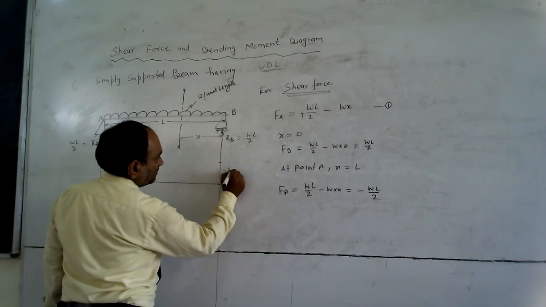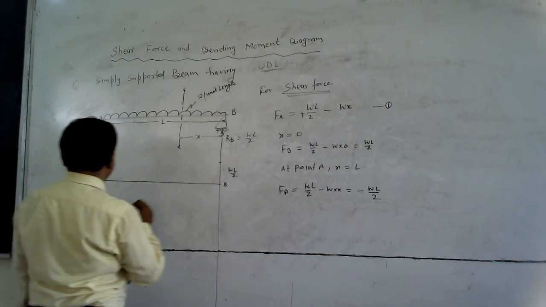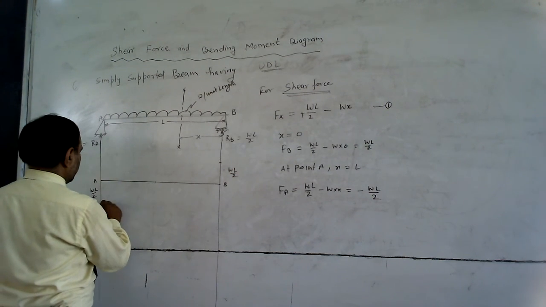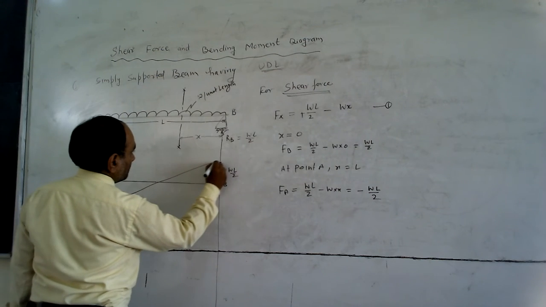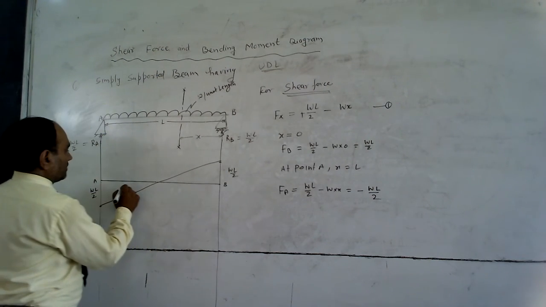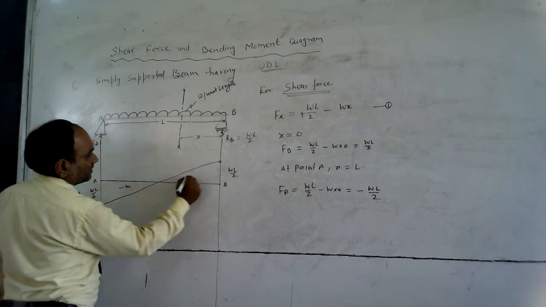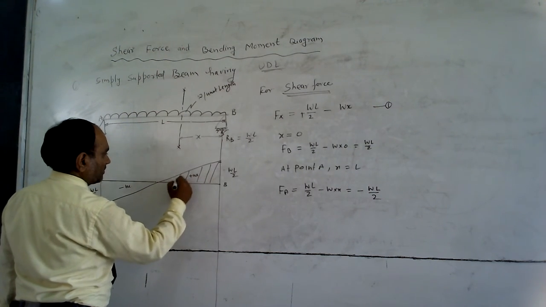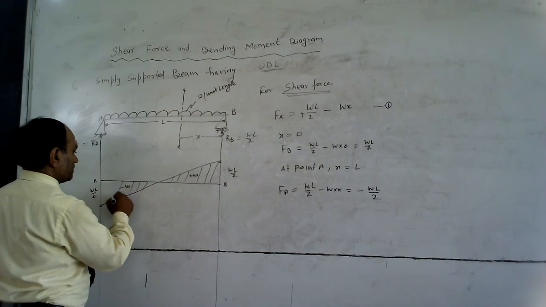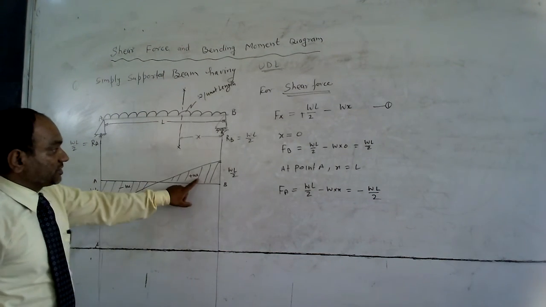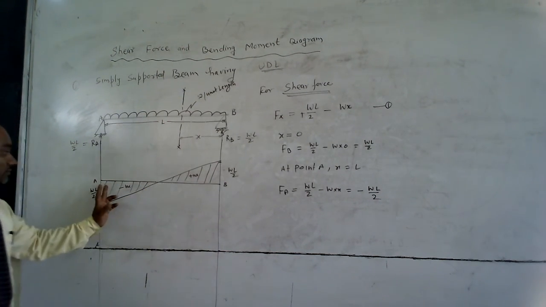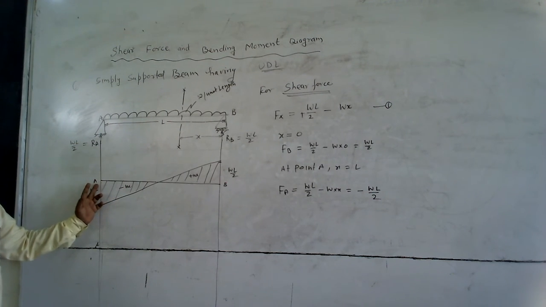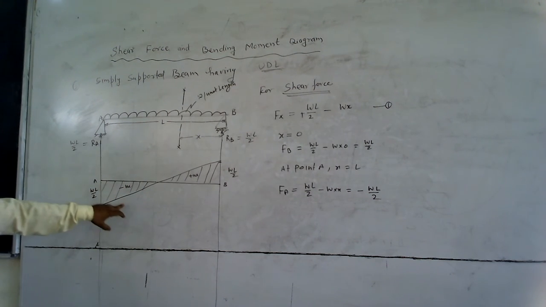The shear force from the midpoint to B is positive, and from the midpoint to support A is negative.